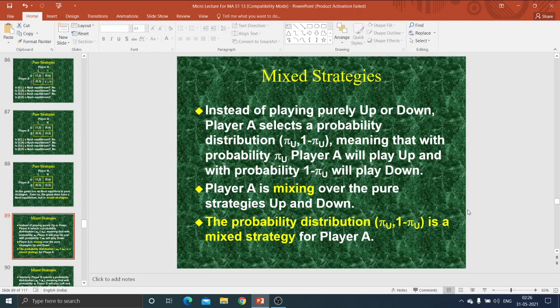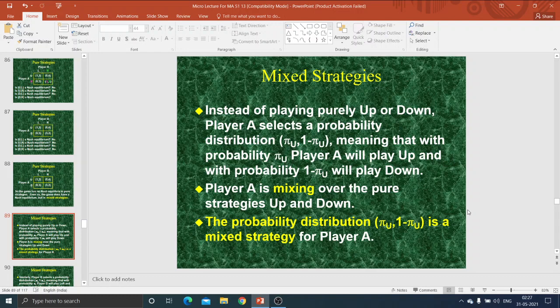Instead of playing pure up or down, player A selects a probability distribution like pi u, 1 minus pi u, meaning that with probability pi u, player A will play up, and with probability 1 minus pi u will play down. So player A is mixing over the pure strategies up and down.